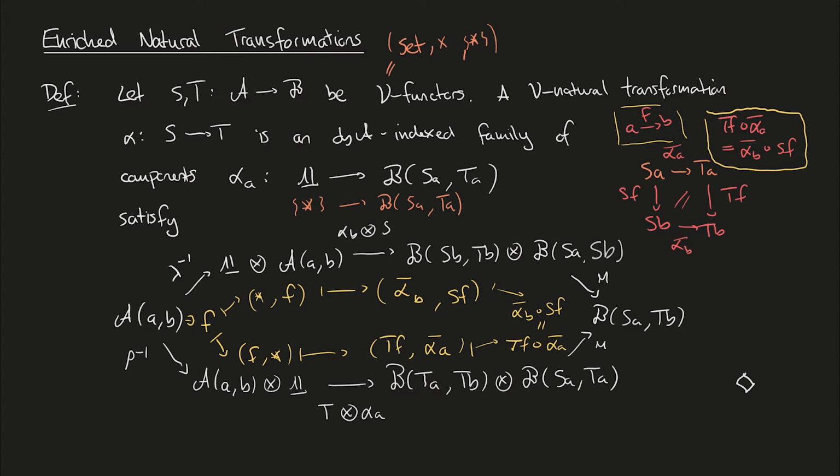So in fact, in the case where V is Set, the definition reduces to our usual notion of a natural transformation. And hopefully this also gives us a general intuition for why this condition makes sense for a general V-category.